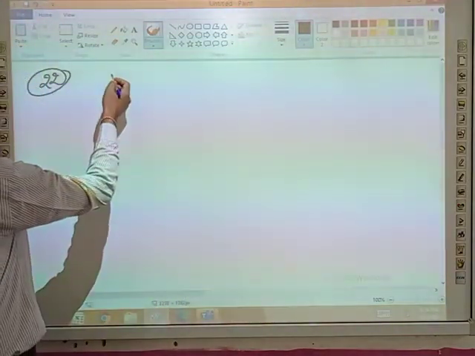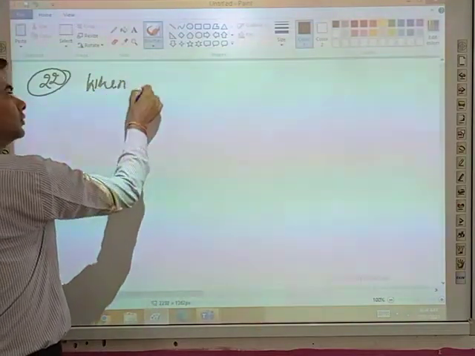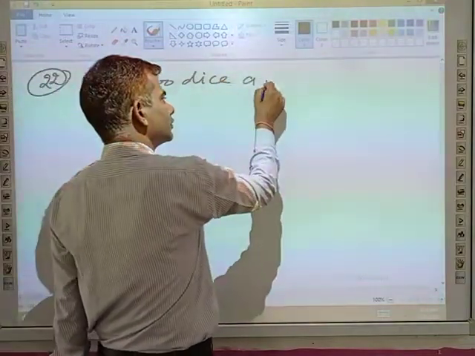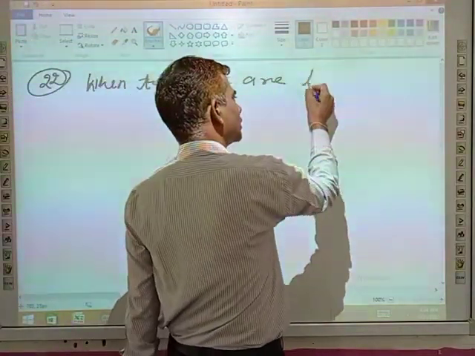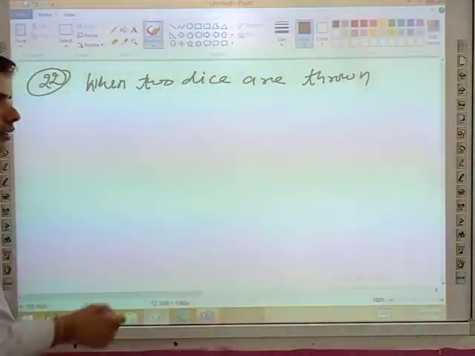We are throwing two dice simultaneously.